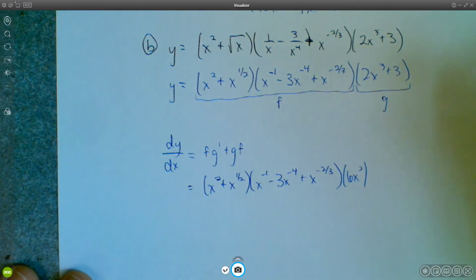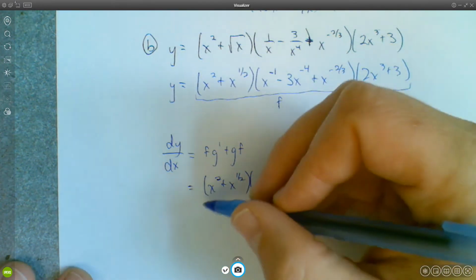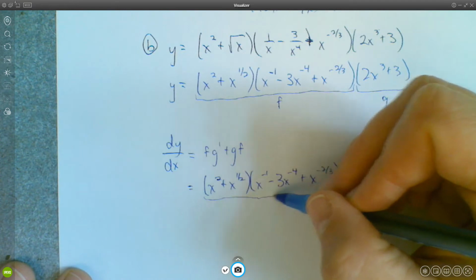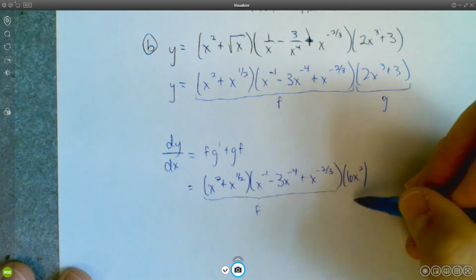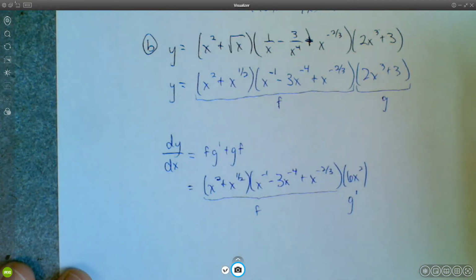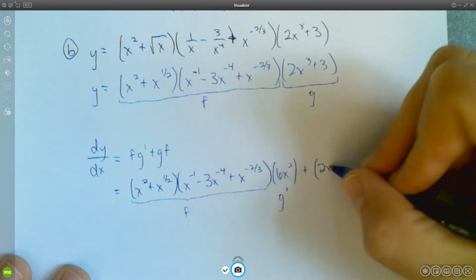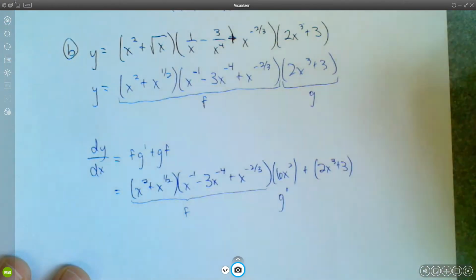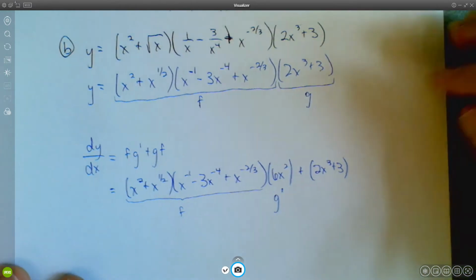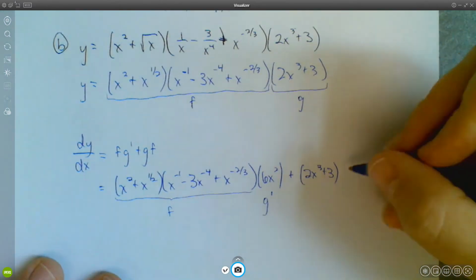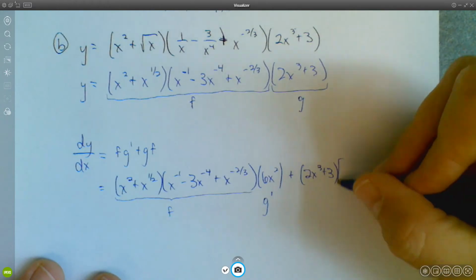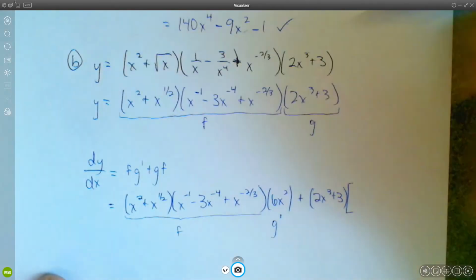So there's f times g prime. Okay, so this is f, and this one is g prime. Okay, plus g times f prime. And now f prime is going to take a little bit of work because f prime itself is going to require a product rule.